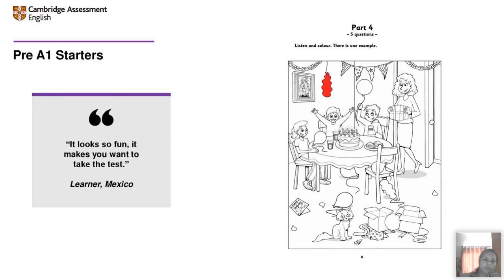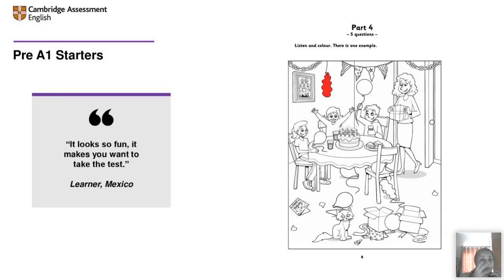So what you are seeing on your screen is just a sample from the A1 Starters preparatory material. So this is an exercise for the listening skill. There's a birthday party obviously in progression, and the listening audio would say maybe the cat is holding a gray balloon, or the cat opened a blue box, or the girl on the table was holding a pink balloon.